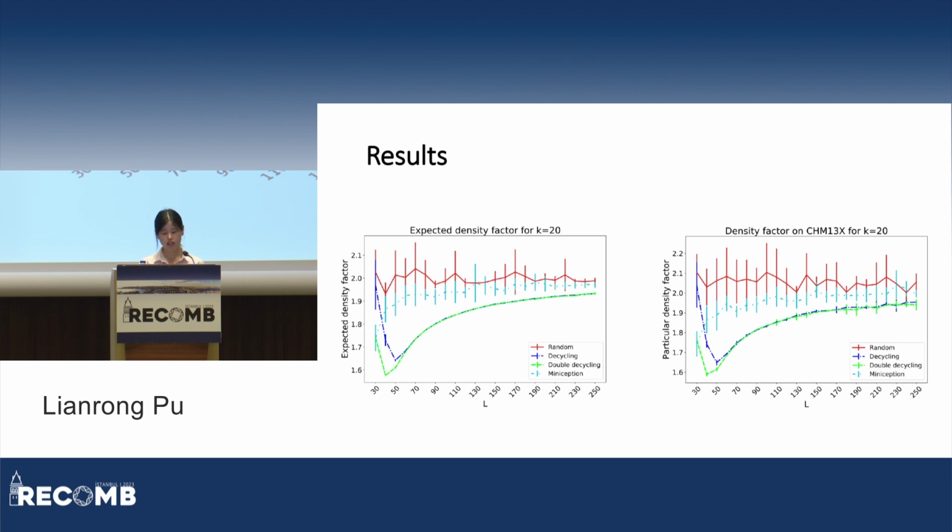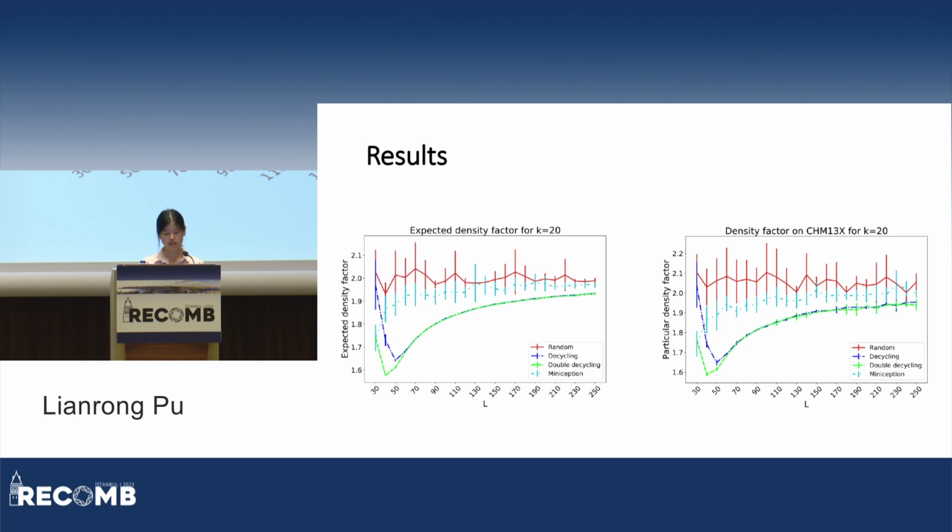And here I show another example for a large value of k. When k equals 20, it is infeasible to calculate the universal hitting set. So we compare our method to random order and minception. The left figure shows the expected density on 10 random sequences, and the right figure shows the particular density for 10 random sequences subsampled from the human X chromosome, and the error bar shows the deviation between the 10 sequences.